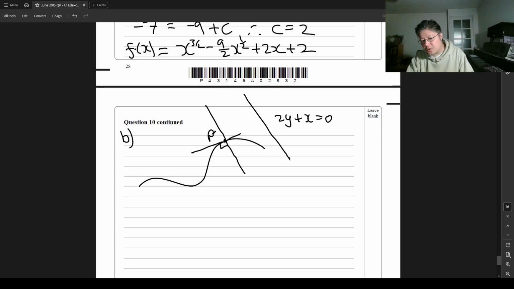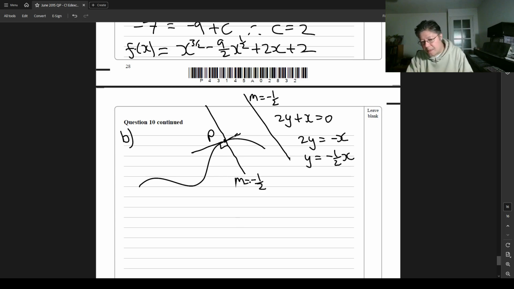And we want to get the x coordinate of P. So the first thing we do, we better get the gradient of this line. We can do that by rearranging for y. So 2y equals minus x, then divide by the 2, y equals minus half x. So we know that the gradient of this line is minus a half, which is the same as this gradient. So this is also minus a half.